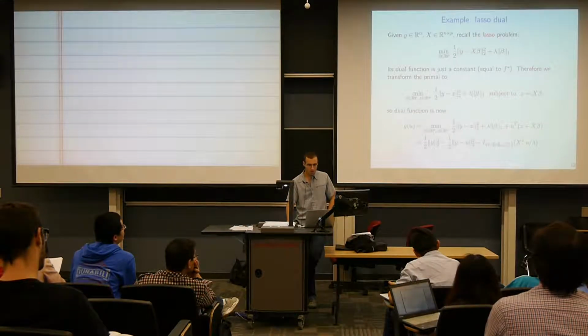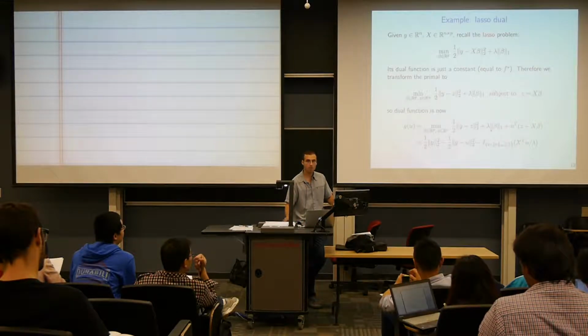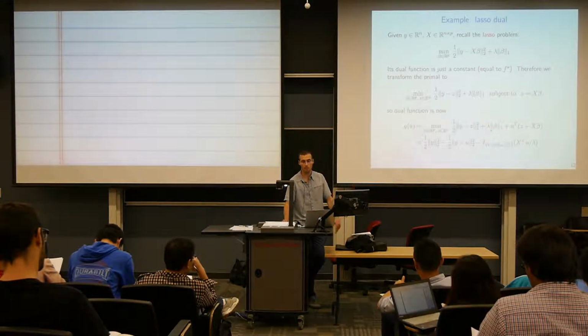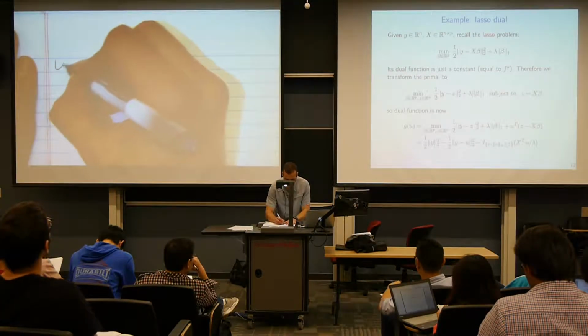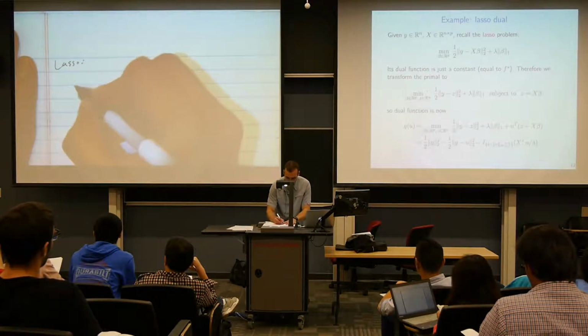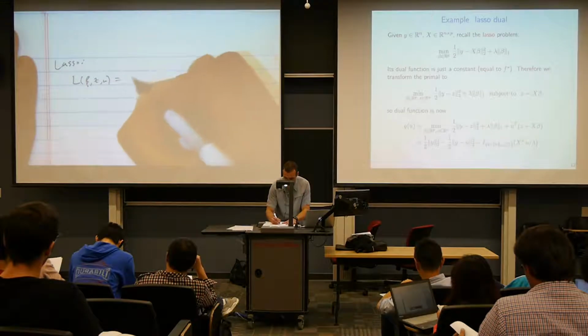And the dual function is given by minimizing the Lagrangian, which is the criterion, a function of beta and z as my primal variables, plus u transpose (z minus x beta). So let's write this out in slightly more detail.